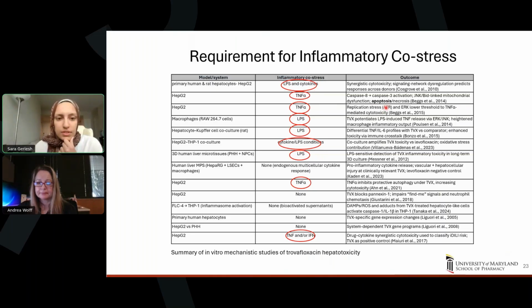For example, in this study, in which they were trying to understand the mechanism behind apoptosis, they also included TNF-alpha. So we think it would be great if we can see the same endpoint without having another external factor such as LPS or TNF-alpha.